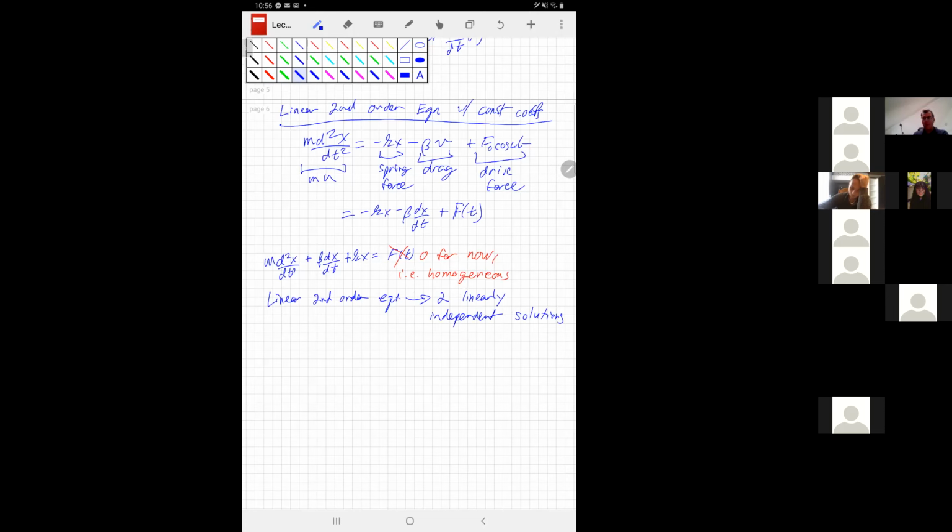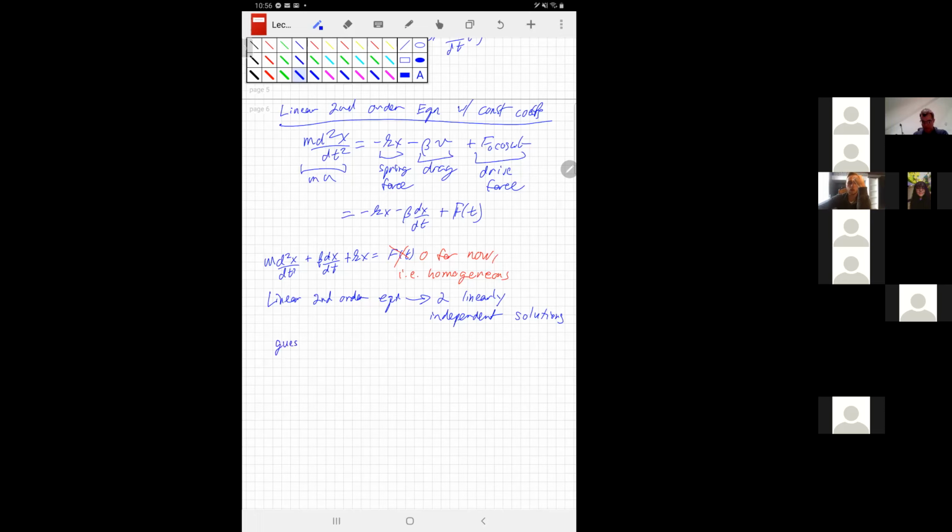Does anybody remember how to find the solutions to a linear equation with constant coefficients? Don't you define a characteristic equation? Yeah, we need a characteristic equation.